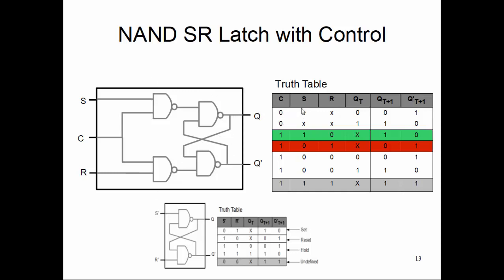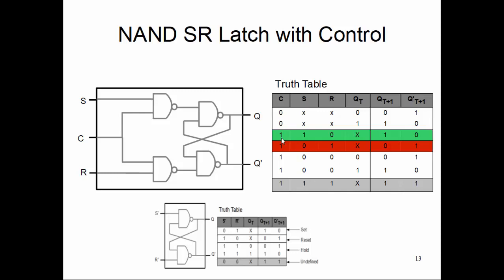Now we make C equals 1. That means the outputs of both of these NANDs, which are driving the internal S bar R bar latch, depend on the values of S and R, right? So for the rest of the conditions, let's say C equals 1. Then we have a couple of combinations.